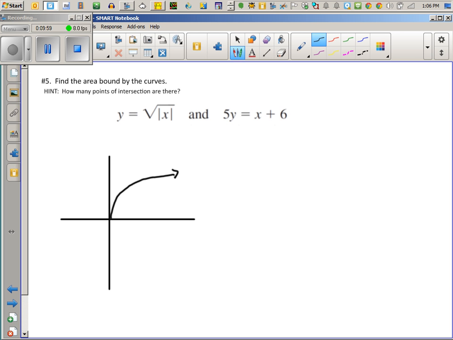What does putting an absolute value of x do to the function? Changing the x to an absolute value of x. Because this is just rad x, this is not the full effect. This is y equals rad x. What does putting the absolute value x do?